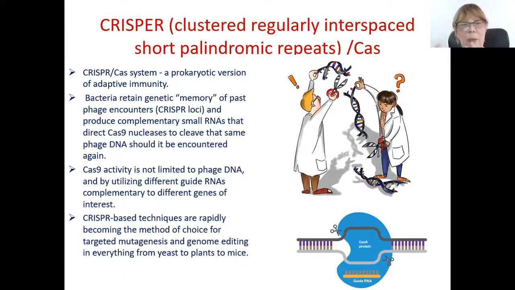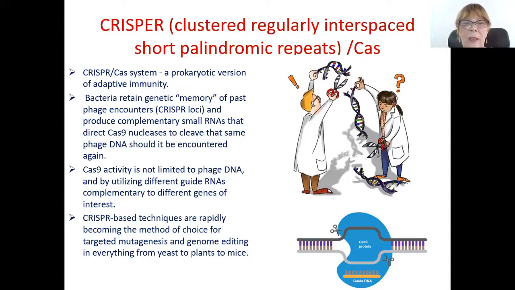It produces complementary small RNAs that direct Cas9 nuclease to cleave the same phage DNA if it is encountered again.